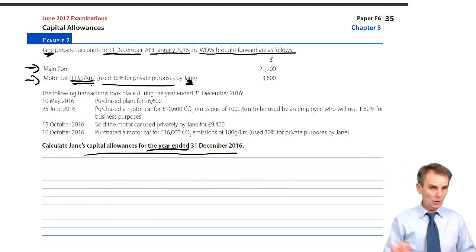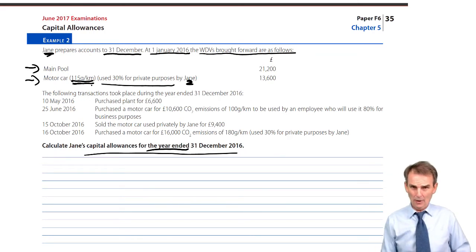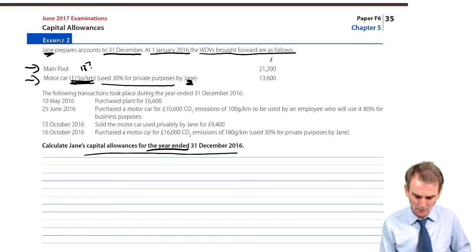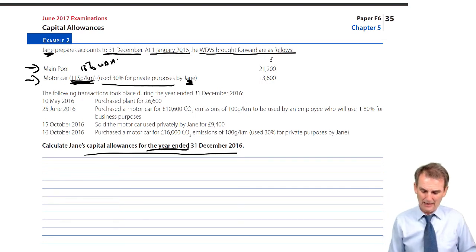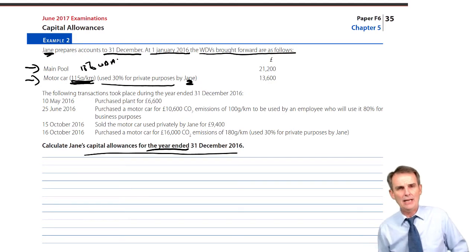Because again, based on what we already know about CO2 emissions, that will dictate whether it's 18% or 8% WDA. As that's 115 grams, that means we'll be talking about an 18% writing down allowance being available. But it's a non-pool asset, it's got its own separate column. So immediately, in terms of the computation that we're going to have to structure, there's two columns that we're going to need to have, let alone our AIA/FYA column and our allowances column.